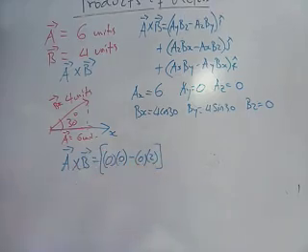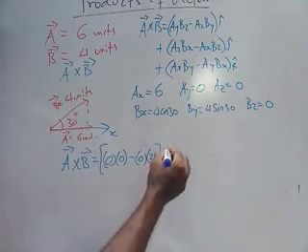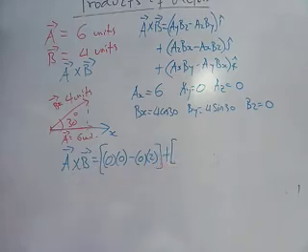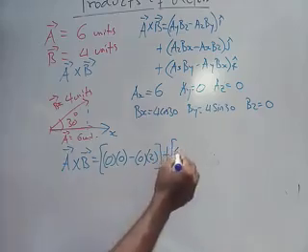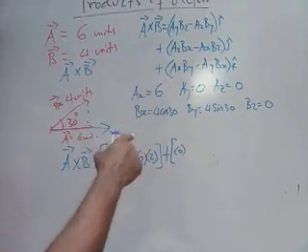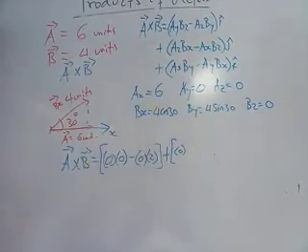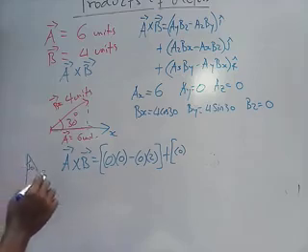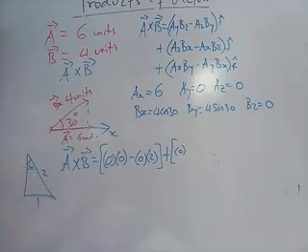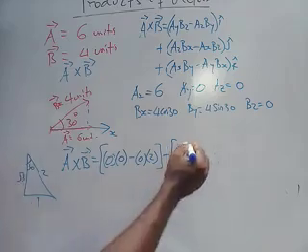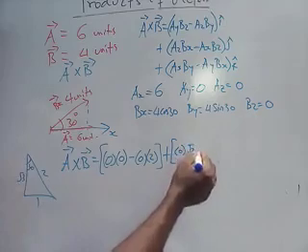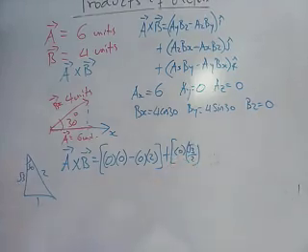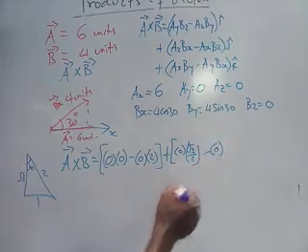This is for the x, plus AZ is 0, BX is root 3 over 2, minus AY, which is 0.